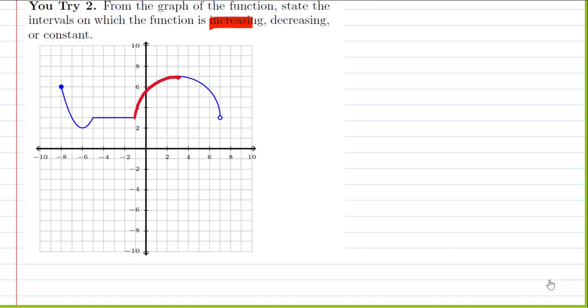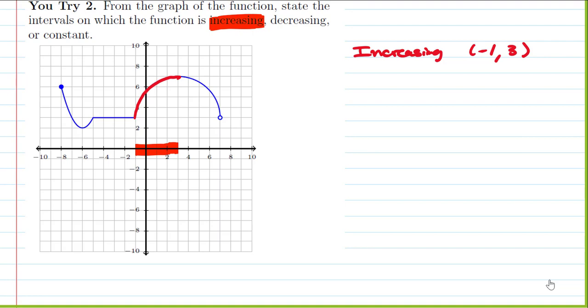That's going to be this part right here, which is this interval from here to here. So we're going to be increasing from -1 to +3, not -3.